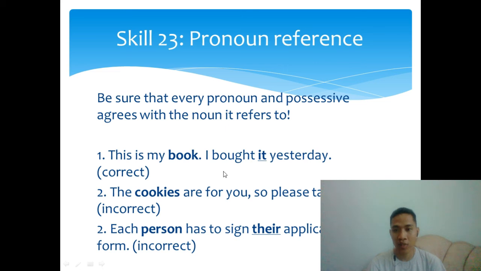Cookies is plural, so it doesn't agree. We need to change it into them. Please take them. Number three is incorrect. Each person has to sign their application form. Person is one, so one person. The pronoun here is incorrect because their is for a plural noun. So we need to change their into his or her.